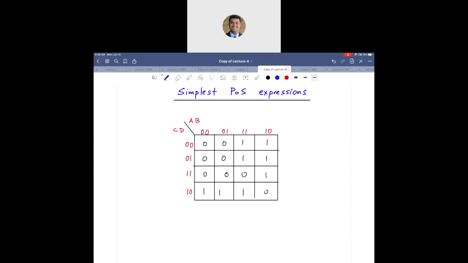Can I make a group of 4 zeros? Yes, a couple of them. Let us see. The first group of 4 zeros is right here. This is very clear. The second group of 4 zeros is right here.